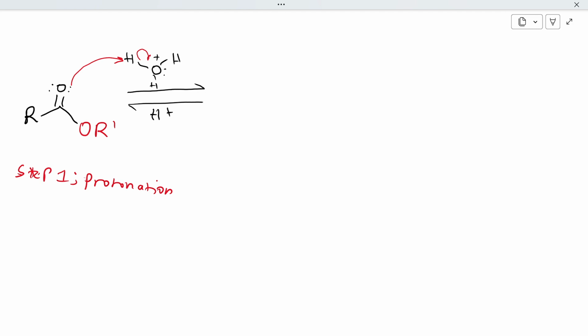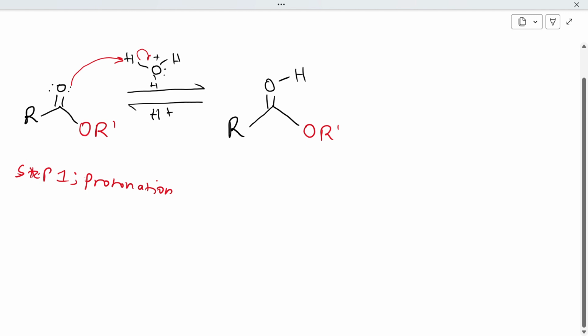And now I'm going to have my protonated sample, which is written as R. Then on one side I'm having OR pi, then double bond O, hydrogen with the positive charge, then lone pair of electrons. Now from this stage I'm moving to my step 2.